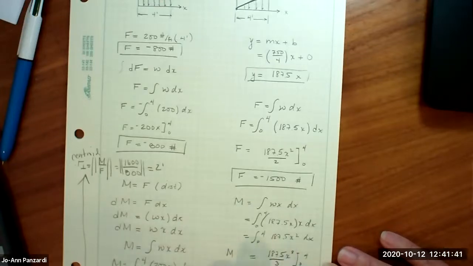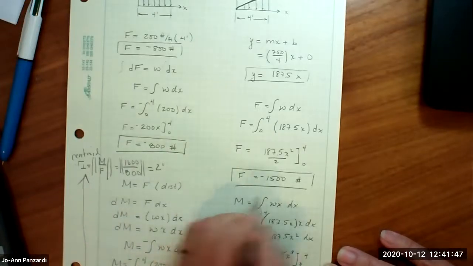And again, this has got to be a negative value because my force is all going down. Same thing with the left one.